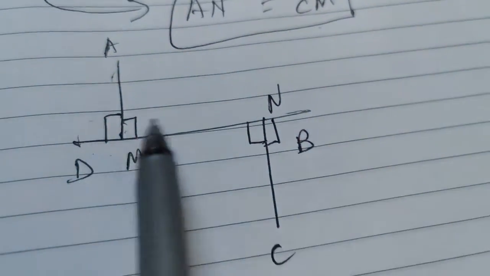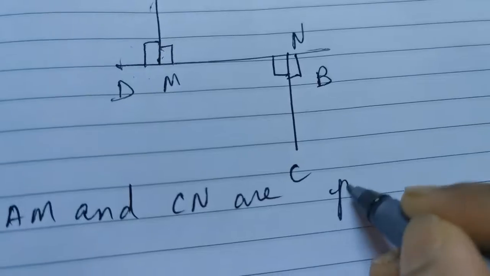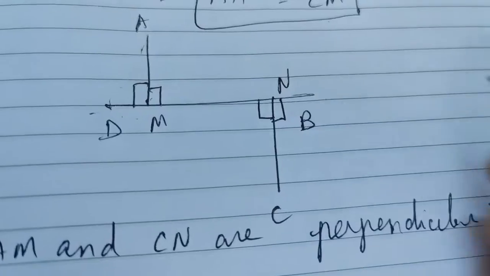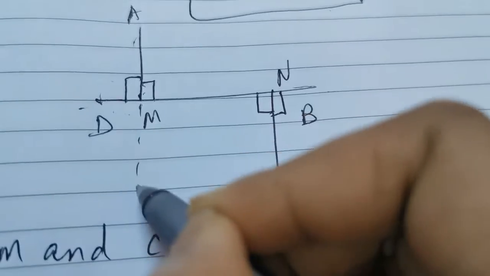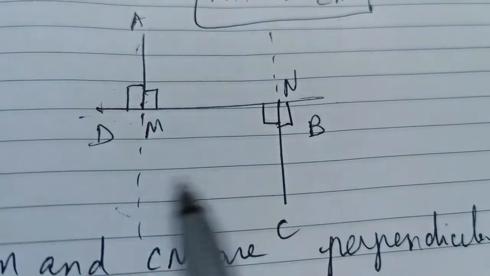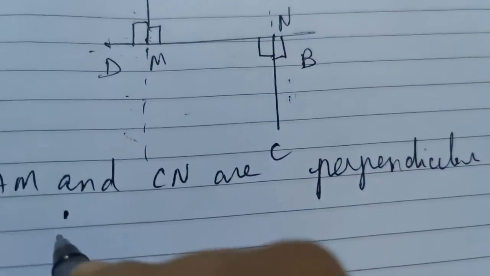So these two lines AM and CN are perpendicular to the same base, DB. When two lines are perpendicular to the same base, these lines will never meet each other. They will go with an angle of 0 degrees in between them. So when two lines don't meet each other and the angle is 0, these two lines are parallel. Therefore AM and CN are parallel.